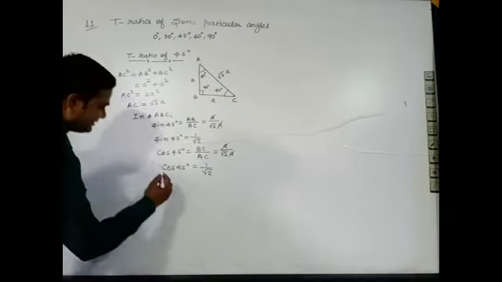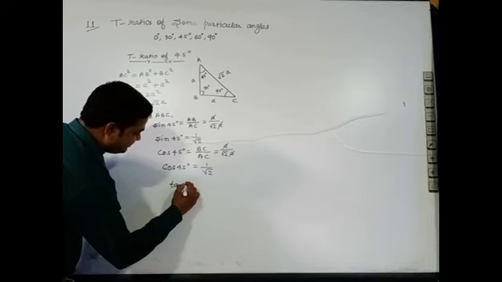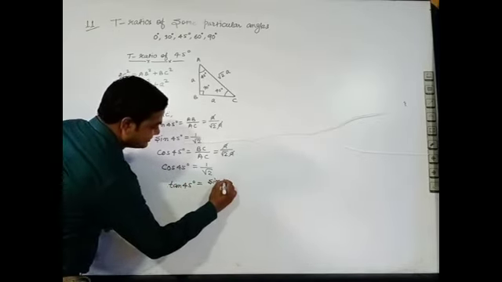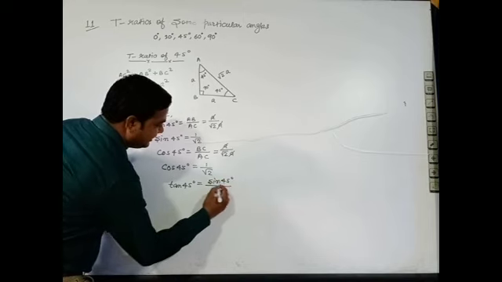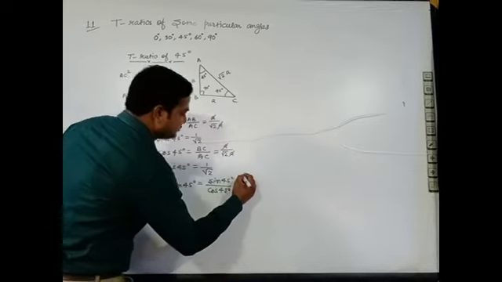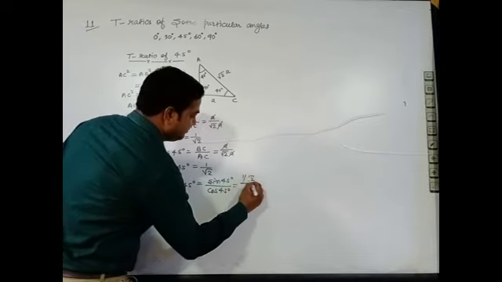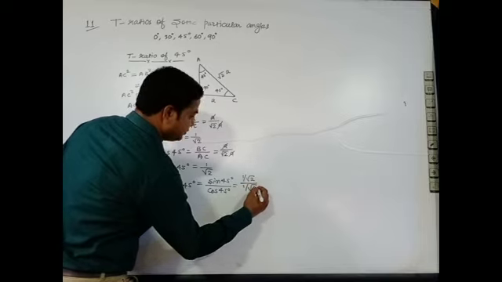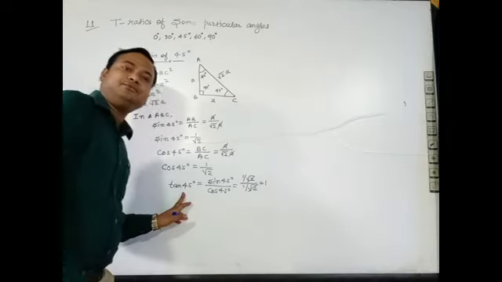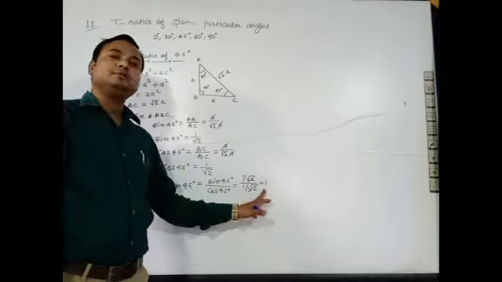And we know that tan theta, it means tan 45 equal to what? Sine 45 degree by cos 45 degree, and the value of sin 45 is 1 by root 2 divided by 1 by root 2, root 2 cancel, it means 1. Then the value of tan 45 is equal to 1.